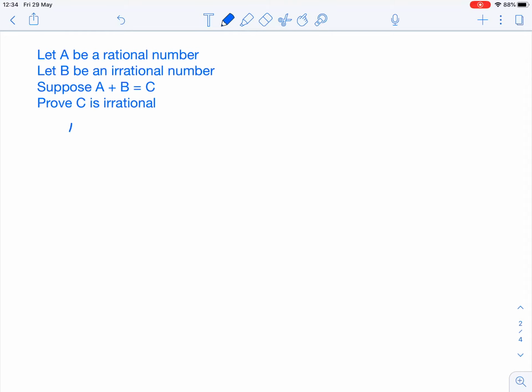So a can be written as p over q, where p and q are integers.